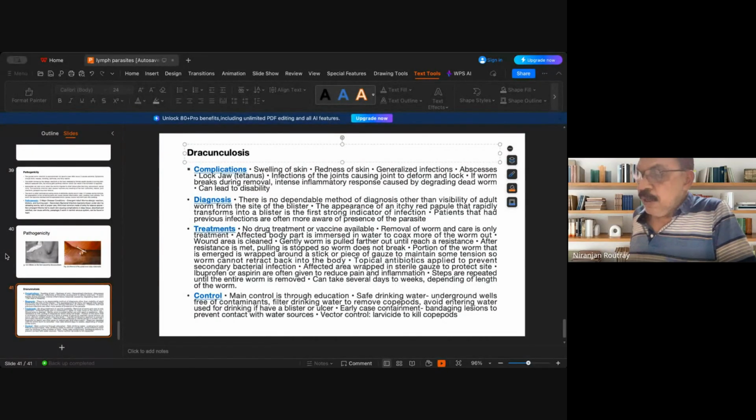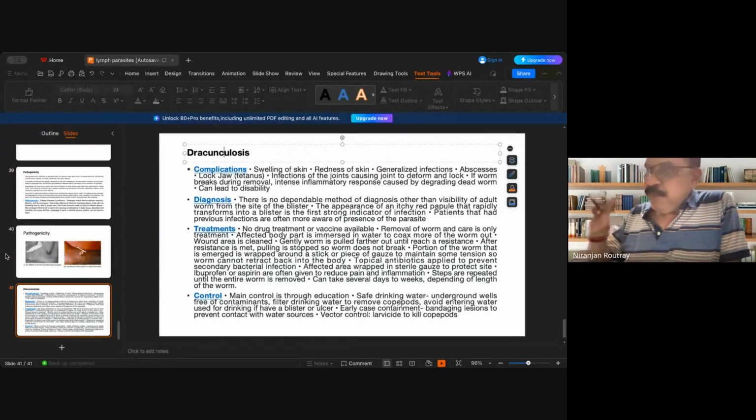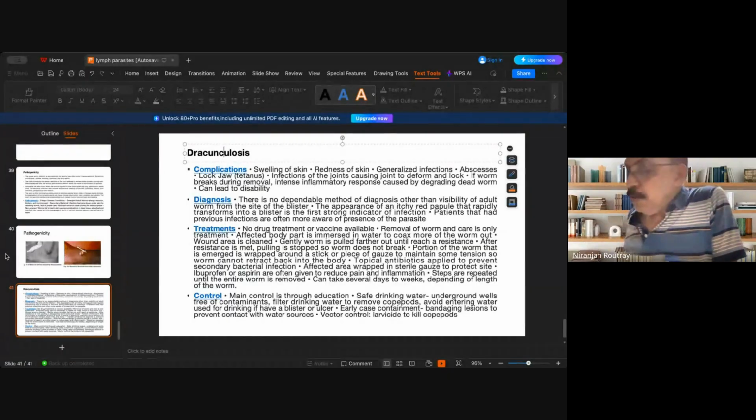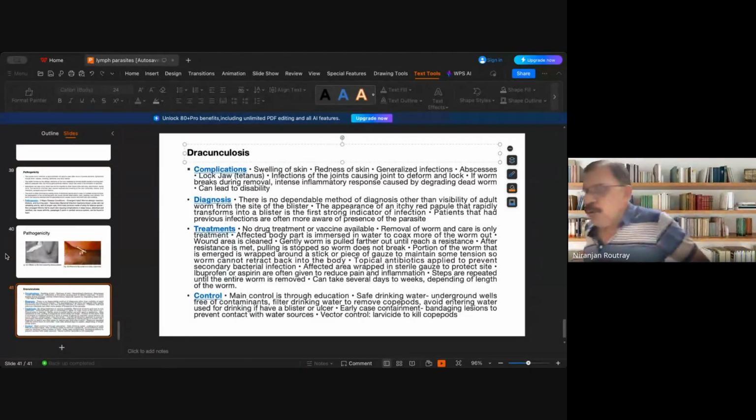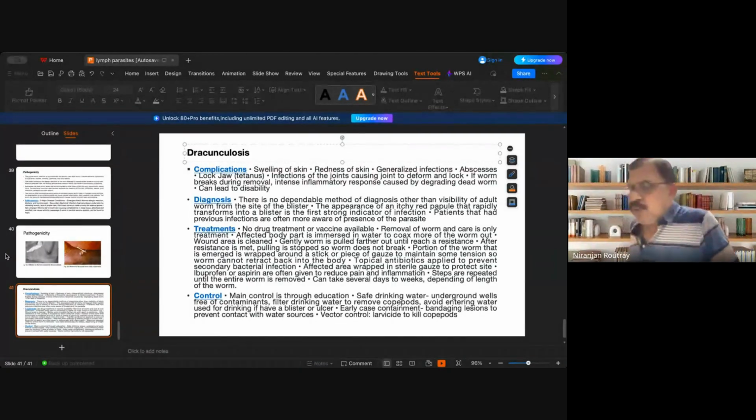Then pruritus, pruritus means itching at that place, a lot of itching. Edema, enlargement, erythema, the skin redness, it becomes red. Then papules, small blister-like papules develop. Scaling and ulceration, scaling means dryness appears, and then with itching, ulcer formation happens.